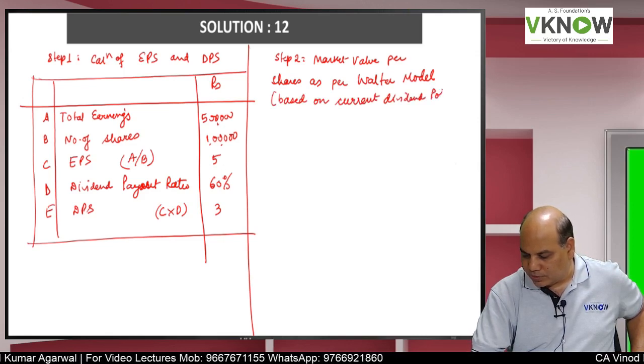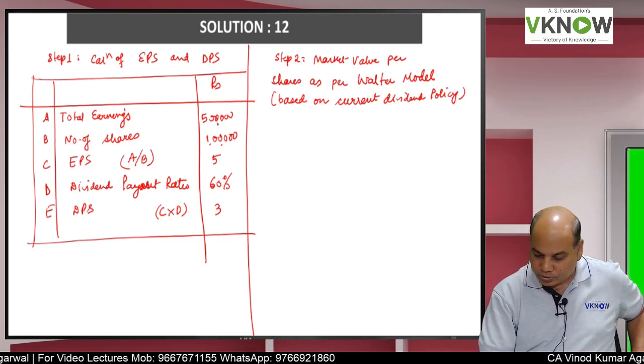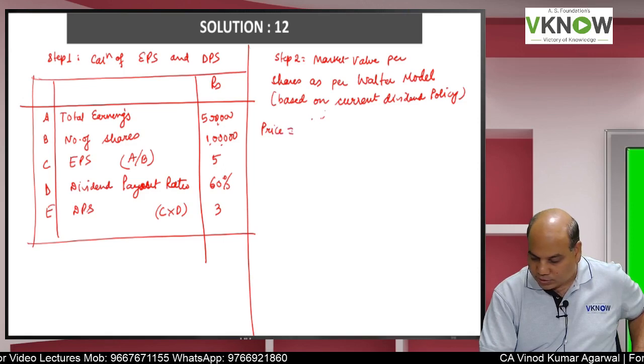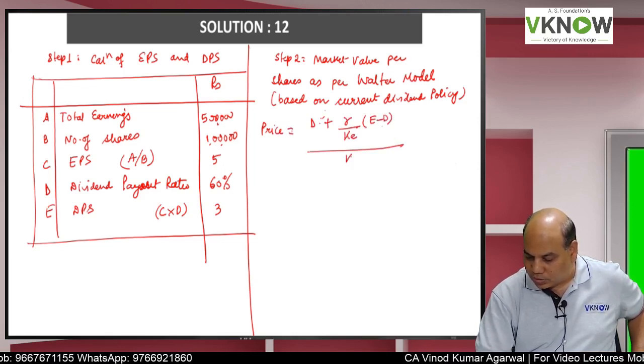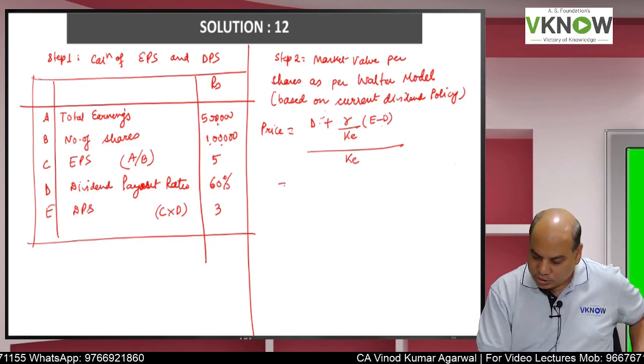Based on the present dividend policy, what market price will they get? So the formula is price equal to, as per Walter model, D plus R by K into E minus D, upon K. With a lot of practice you will remember the formula.